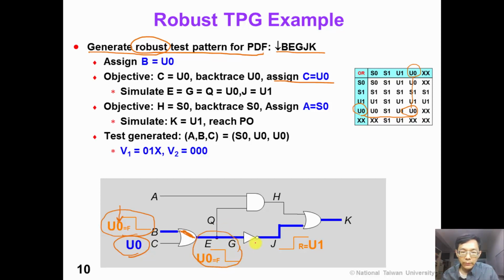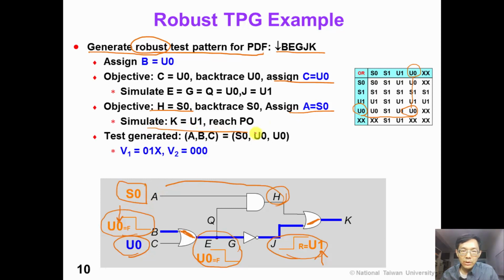So now we have U0 for E, U1 for J. Now we want a robust sensitization through this OR gate. Since 1 is a controlling value, the off-path signal must be static 0. So our objective is static 0. We backtrace all the way to primary input A. We assign A to be static 0.